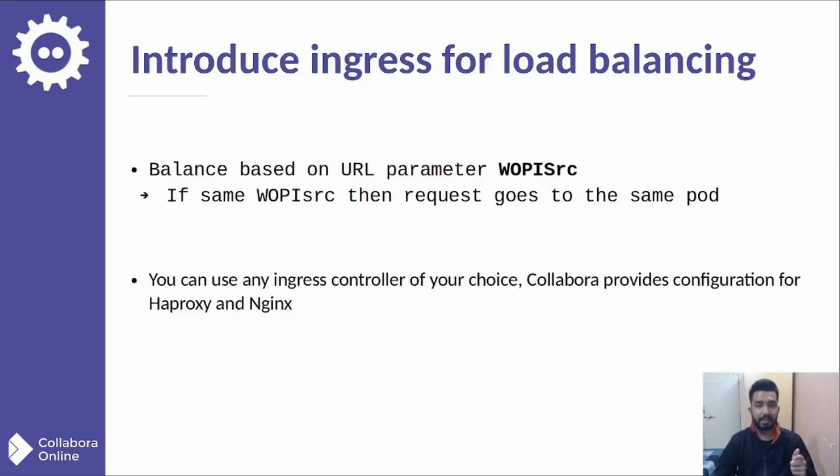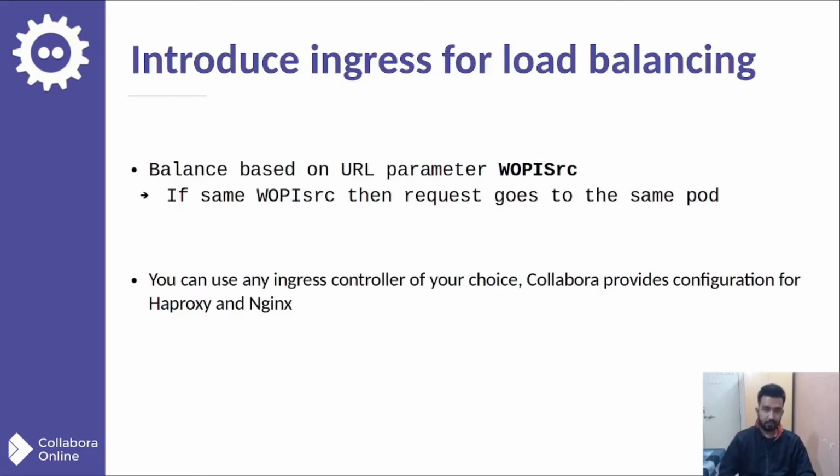We use the WOPISrc parameter, which is a URL parameter, and if requests have the same WOPISrc parameter, those requests will end up in the same pod. The same document will always have the same WOPISrc parameter, so it doesn't matter how many users are trying to access the same document. The request will always end up in the same pod.